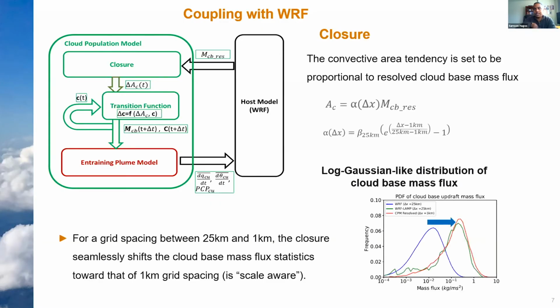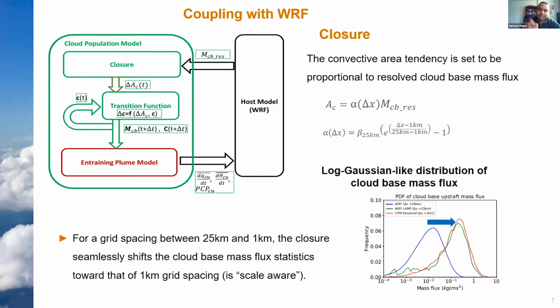So for closure, as I said, the resolved mass flux is used as an estimate of the convective area fraction. And we require, of course, that the cumulus parameterization shuts off itself smoothly at 1 kilometer grid spacing. So it should work smoothly between 25 kilometer and 1 kilometer, shifting the mass flux, as you see here, gradually to the 1 kilometer grid spacing.